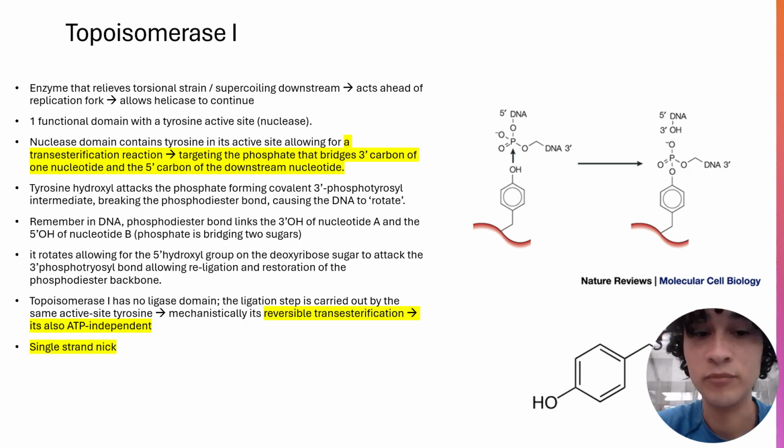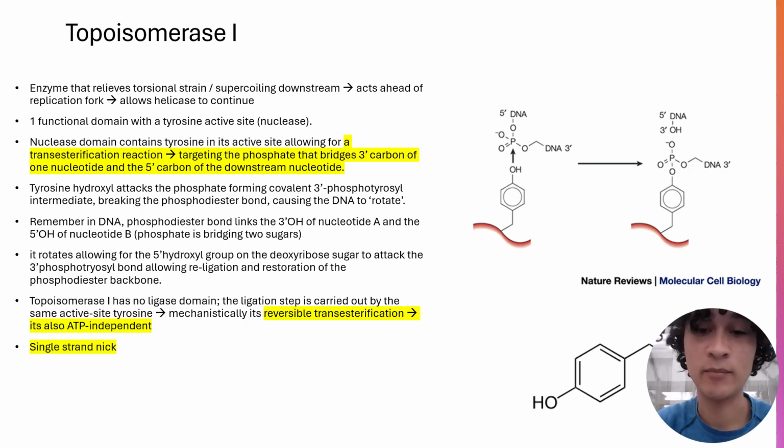So the ester bond will quickly reform in the phosphate sugar backbone, but as it takes that bond back, it causes a rotation, and that rotation is what relieves the supercoiling or the torsional strain. So that's how topoisomerase type 1 relieves strain of the DNA double helix.